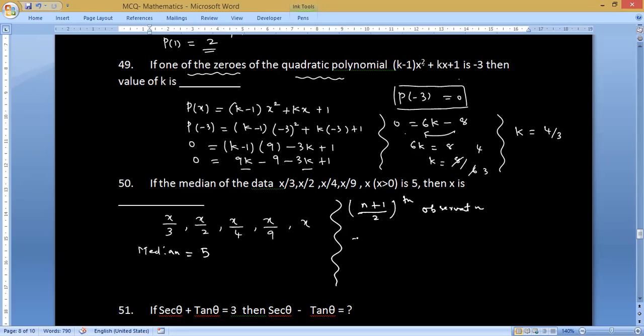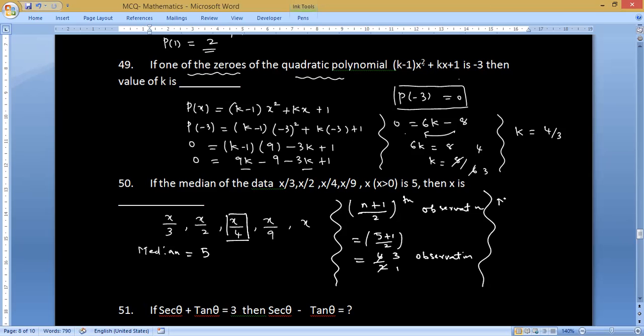What is n? n is 5. 5 plus 1 by 2 is 6 by 2, which is 3. So the third observation is the median.